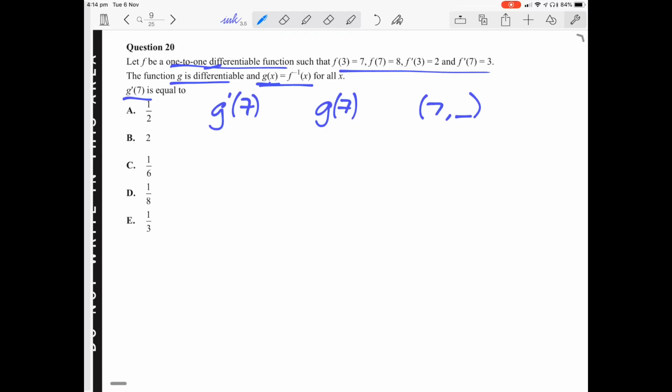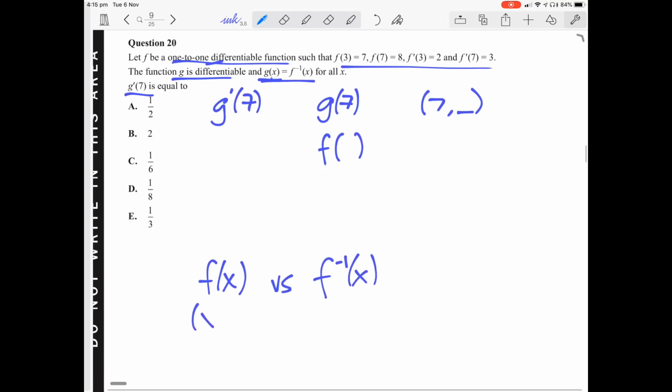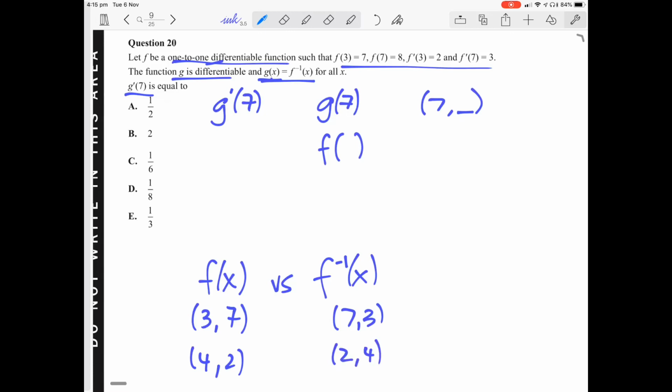But then if we bring it back to the original function, when you have an inverse, if I had 3, 7, that would become the point 7, 3. If I had 4, 2, that would become the point 2, 4, because an inverse function by definition, you switch your x and y values.